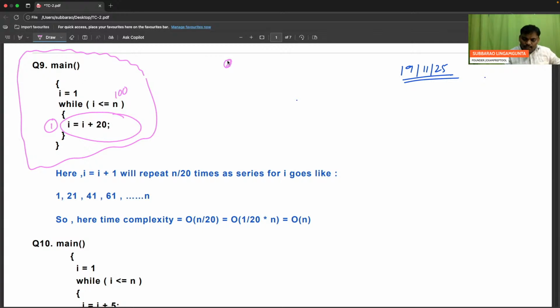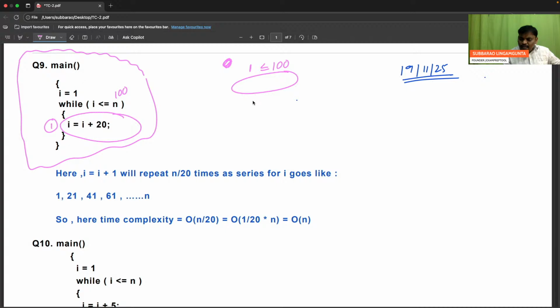Initially I value is 1. So 1 less than or equal to 100, condition satisfied, so you will go inside. Observe this. The 8 problems were small basics. This is the 9th problem. From now onwards, some logic will start. See what I am doing. I is equal to 1. 1 less than or equal to 100, that is true, so you will go inside.